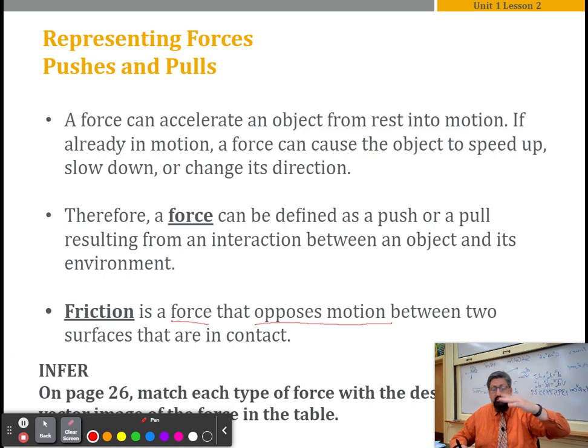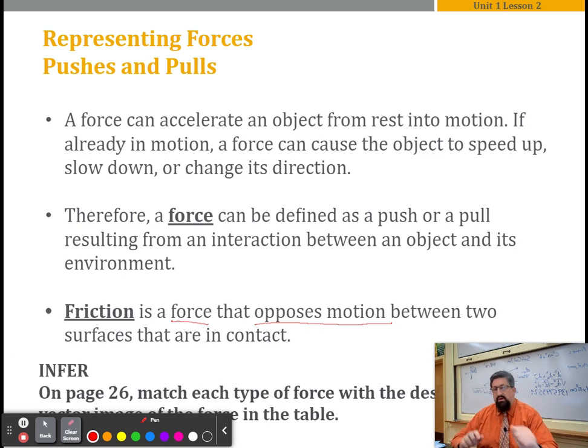Normal force exists between an object that's sitting on a surface, and the surface pushes back up on the object. Gravity pulls the object down. Let's say a book is sitting on a table. Gravity pulls the book down. The table pushes the book back up. The table is providing the normal force.